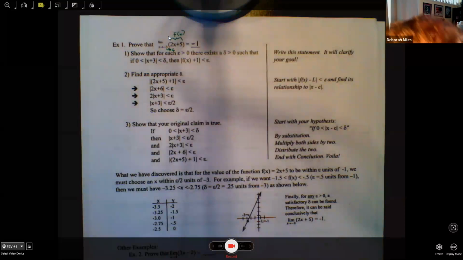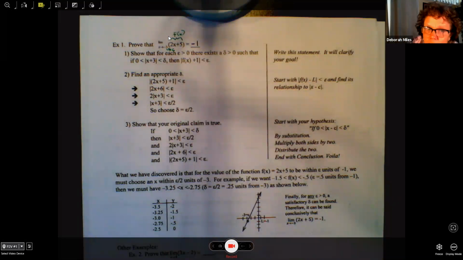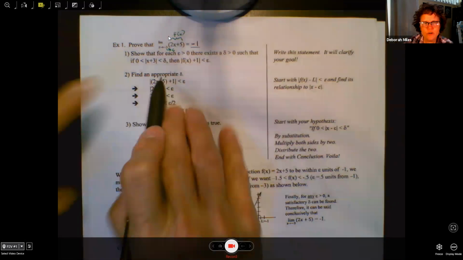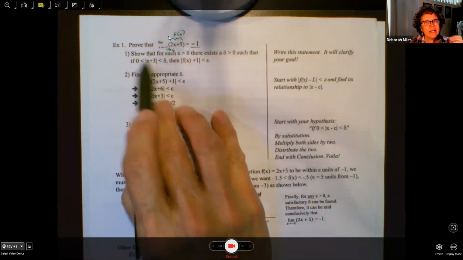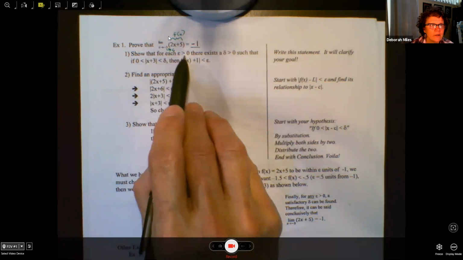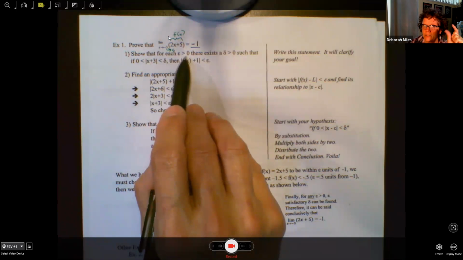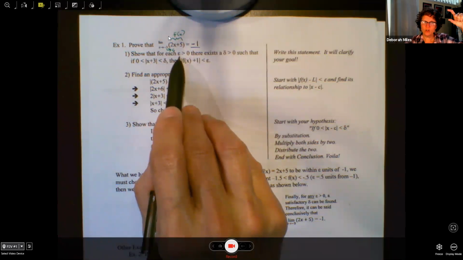Okay, here's the definition, and you just write this 3 or 4 times and you have it memorized. Show that for any epsilon greater than 0. Epsilon was the radius of that circle I had to hit.